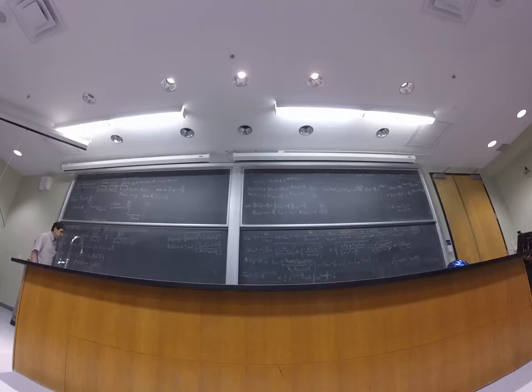So that becomes log of square root of omega squared tau squared. Both omega and tau are positive, so square root of omega squared tau squared becomes omega tau. I don't need to put an absolute value.